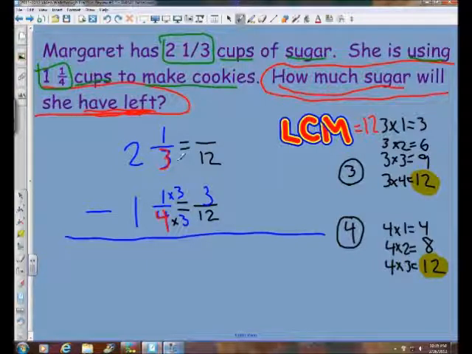Now we do the same type of thing to our denominator up here. So we go 3 times what equals 12. And you probably showed your work over here. 3 times 4 equals 12. So that helps you to show your work. Kind of proves you know what you're doing too. We'll do the same thing to the numerator. So 1 times 4 equals 4.